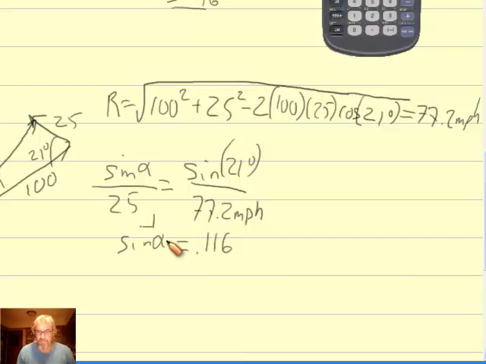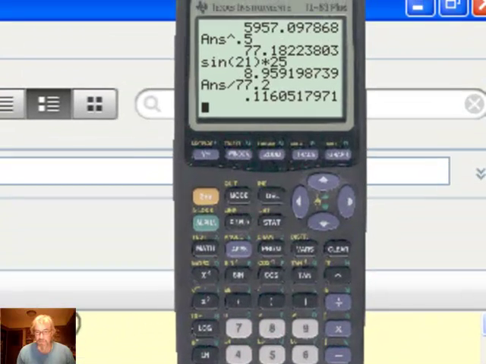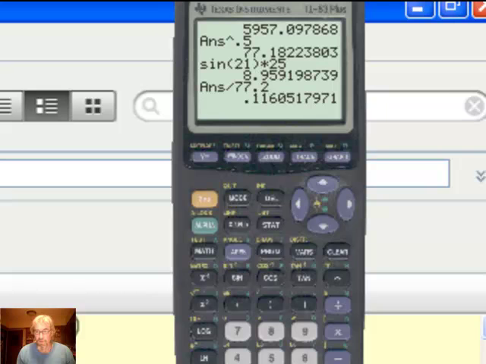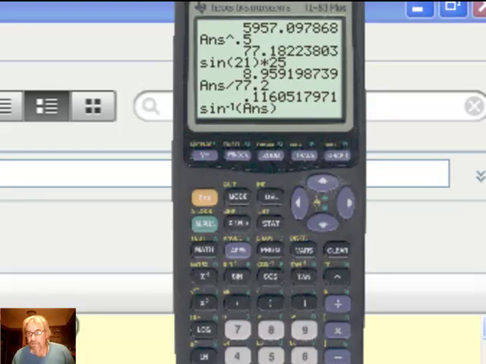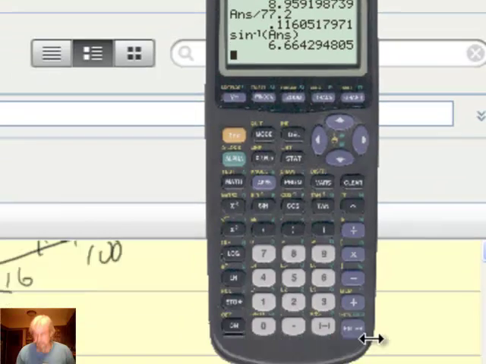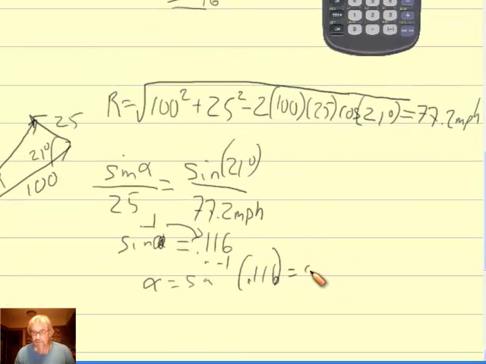So alpha is inverse sine of 0.116. Well, let's find out what that is. I'll go second function sine, so that's sine inverse, and then I'll just paste the answer in. Hit enter. Alright, so my angle here is 6.6 degrees.